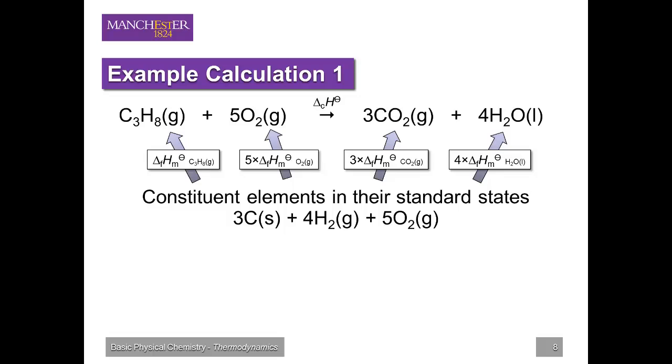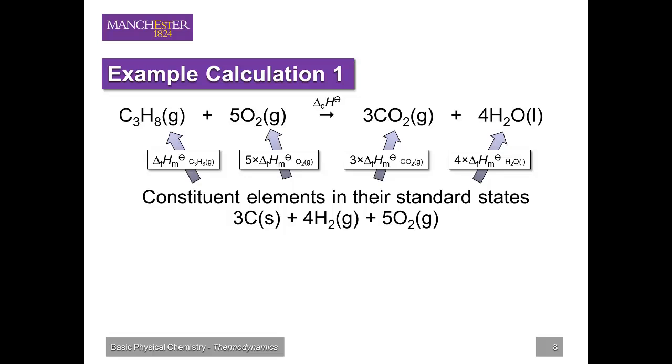But instead of going directly from reactants to products, we can go from reactants down to the constituent elements in their standard state. So in other words, we can dismantle the reactants, and then we can go from constituent elements in their standard states back up to products. So we can dismantle the reactants and reconstruct the products.